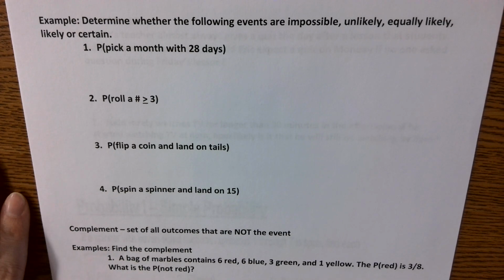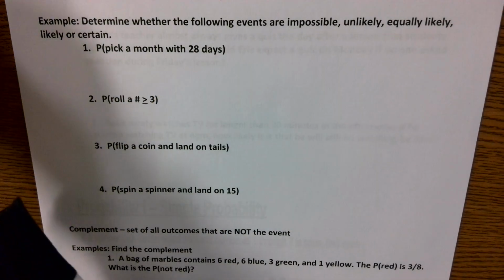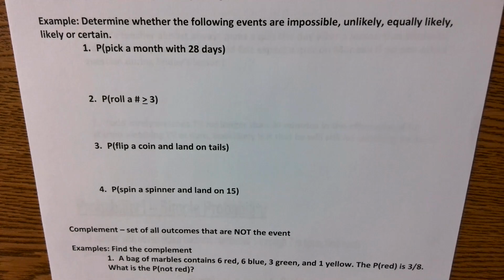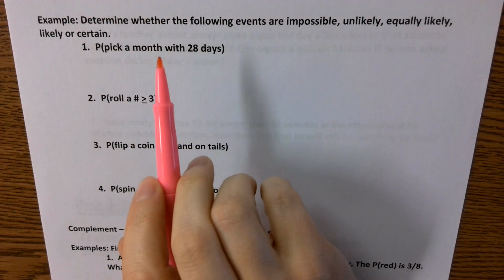So for problem number 1, it says picking a month with 28 days in it. How many months have 28 days? 12. There are 12 months that have 28 days in them. You have a January 28th, a February 28th, a March 28th. Did it say only 28? It says pick a month with 28 days.